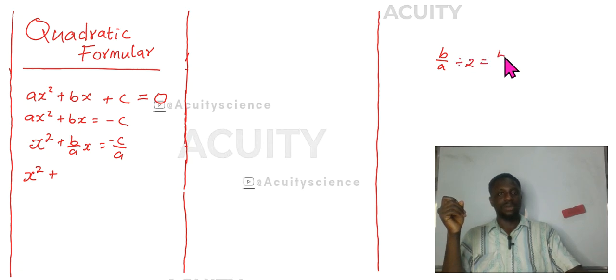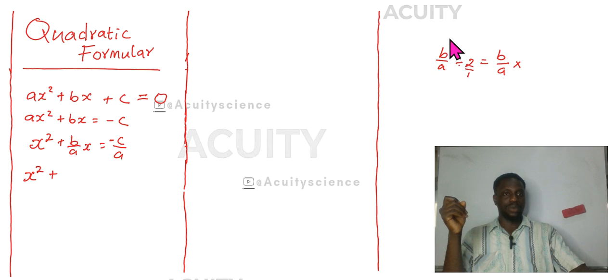This 2 can be 2 over 1, right? Every whole number is over 1. So we'll have b over a times, when you want to divide fractions, you turn the right hand side upside down, right? So times 1 over 2. So this is b times 1, b, 2 times a, 2a, right? We have divided by 2.